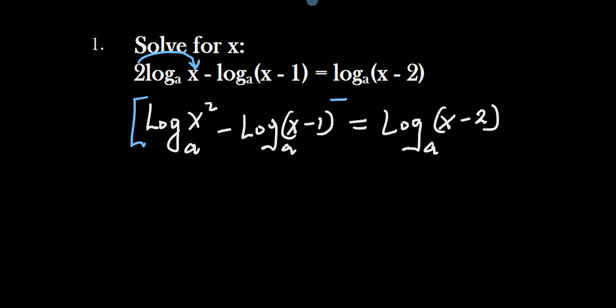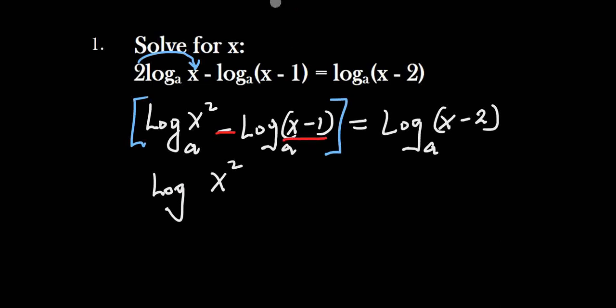At this point, we have to write the left hand side as a single logarithm expression, and that will give us log x squared. And because we have a negative sign at this point, we are going to divide x squared by this value.